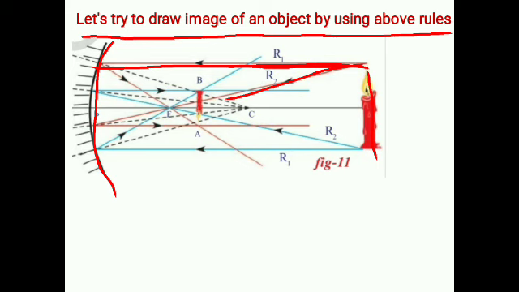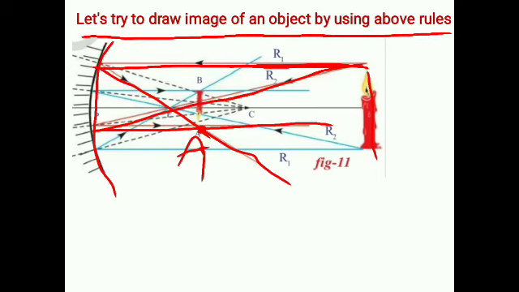After reflection, it passes through focal point. R2 is the ray traveling through focal point. After reflection, it becomes parallel to the principal axis. These two reflected rays meet at point A. This is the image of the tip of the flame of the candle.